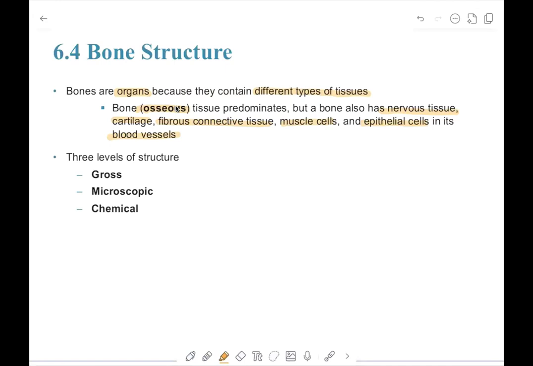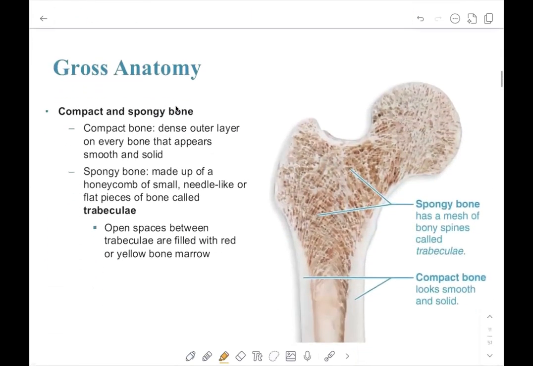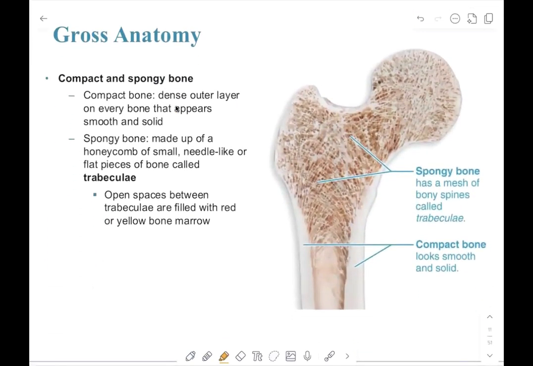So we're going to take a look at it on the gross level, the microscopic level, as well as the chemical level. This slide is kind of showing the gross anatomy level. There are two main types of bones: compact bone and spongy bone.